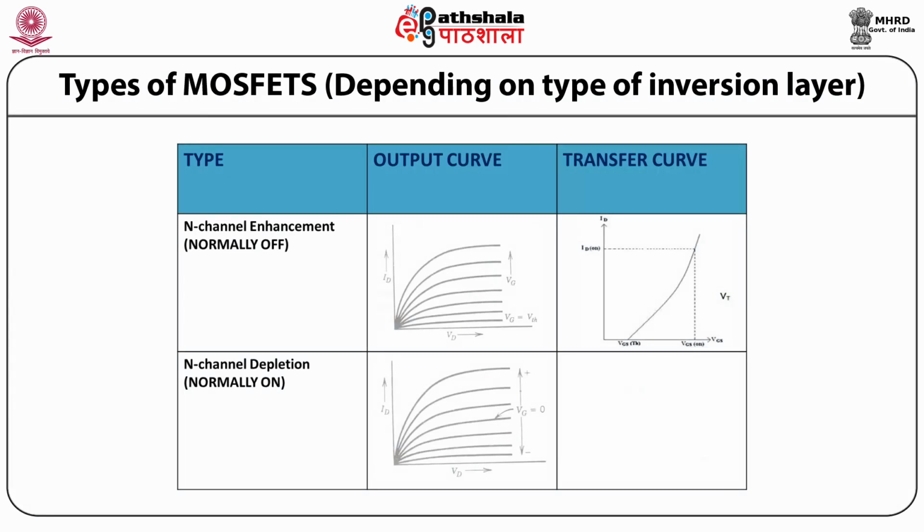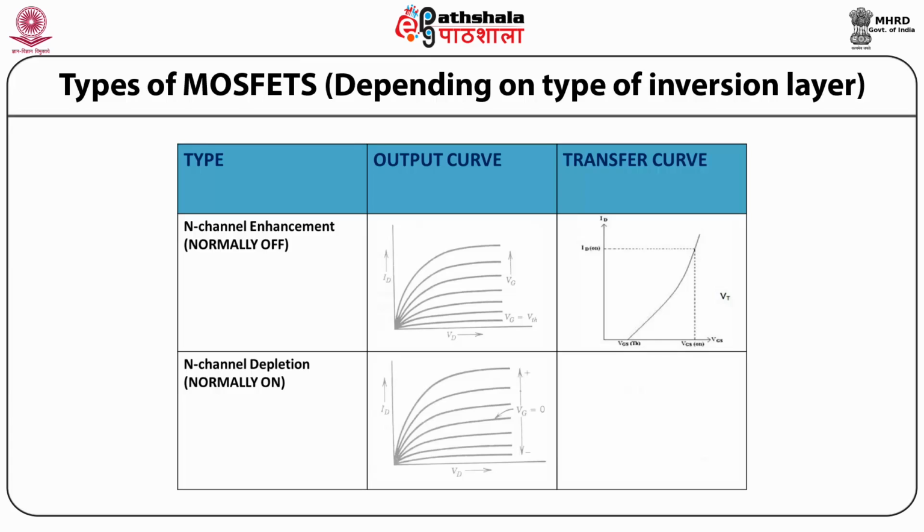Types of metal oxide semiconductor field effect transistors. The classification is based on the type of inversion layer. So students, as we can see over here, we have the N-channel enhancement type of MOSFET, which is normally off.